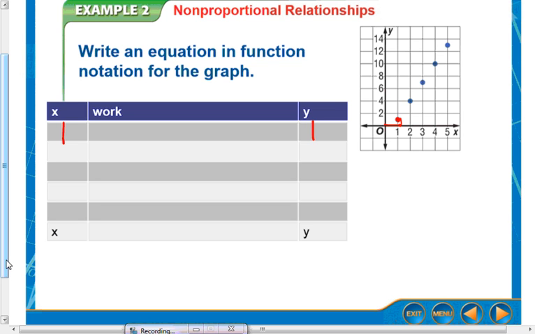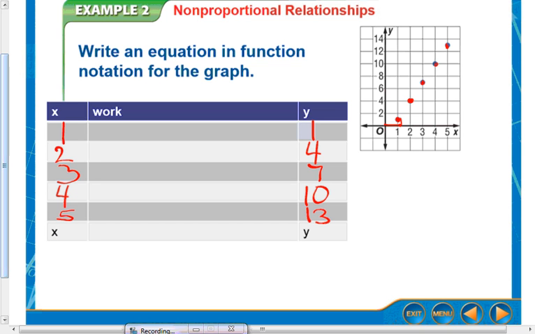The next one, this point, the coordinates for that point are 2 and 4. We could do it again for this one right here. We got 3 and 7, 4 and 10. Some of you might be seeing a pattern already. 5 and 13.